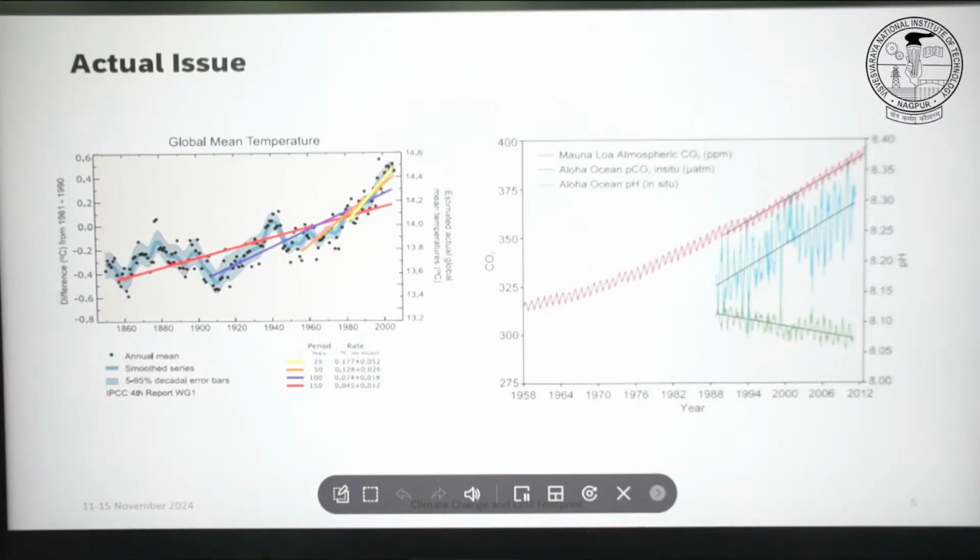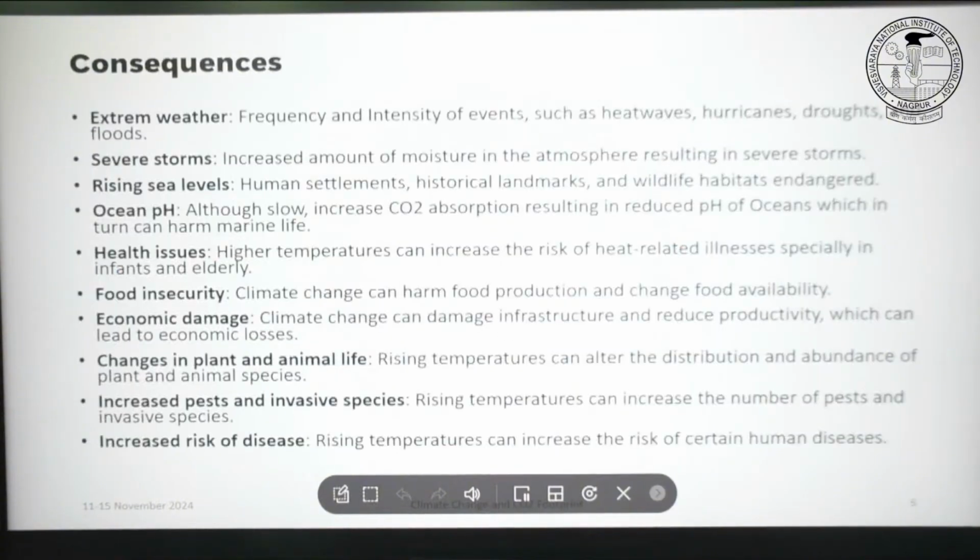But for now, for the scope of this course, let's agree to this global consensus that this temperature rise is a direct result of the CO2 human society has released over the last 200 years. So consequences, what's happening with this temperature rise?